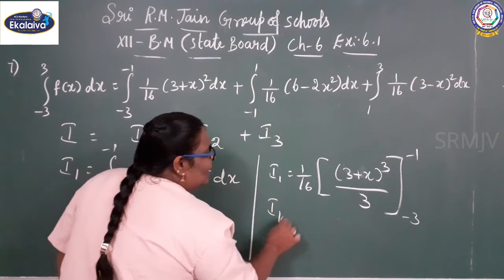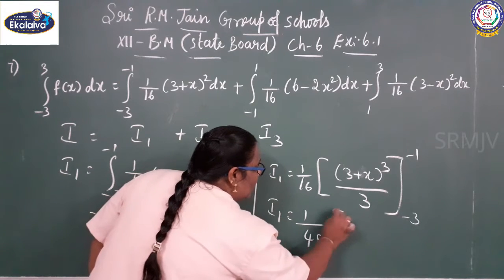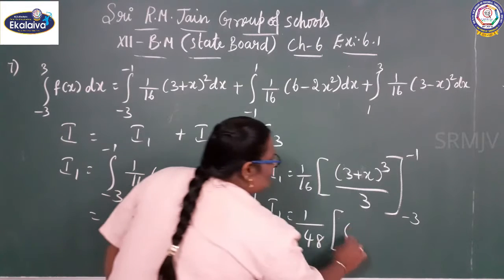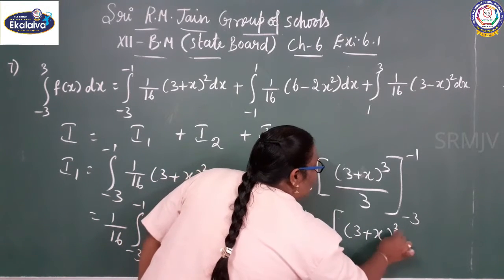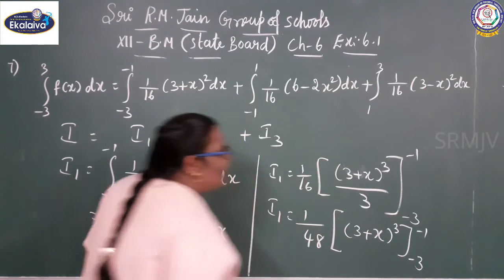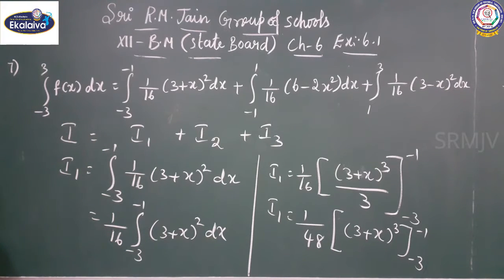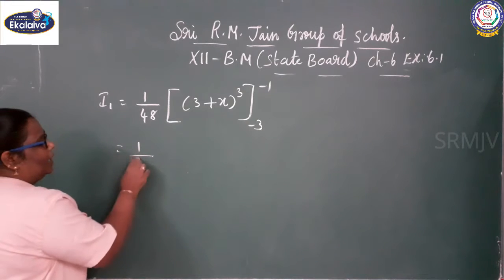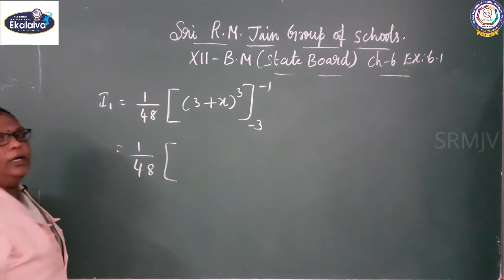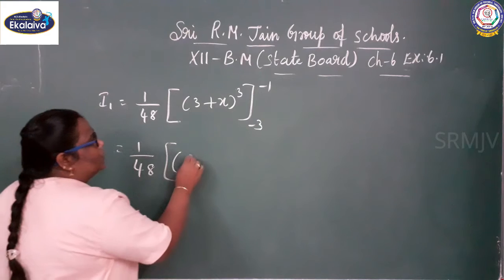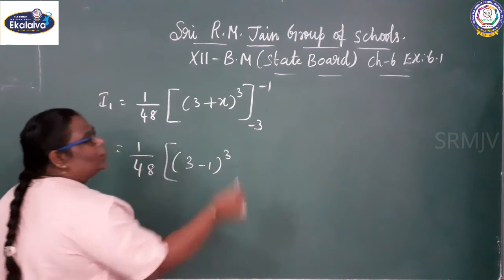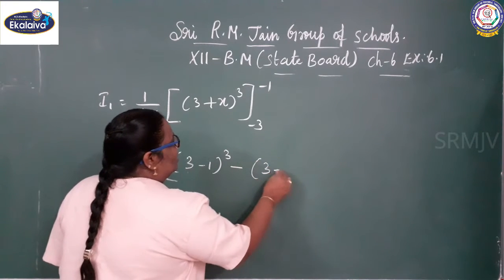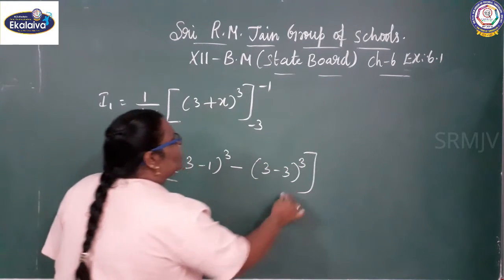So, I1 equal to 1 by 48, 16 3s are 48, into 3 plus x the whole cube. The limit is minus 3 to minus 1. Substitute the upper limit, 1 by 48 into 3 minus 1 the whole cube, minus 3 minus 3 the whole cube.